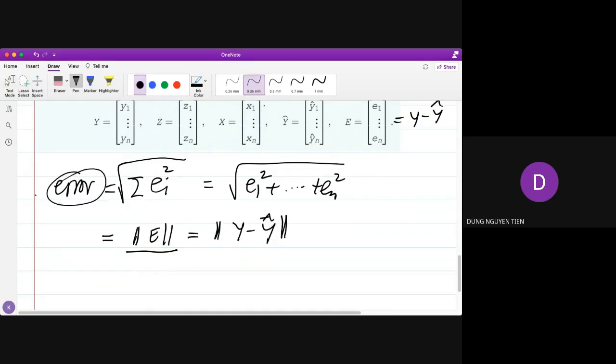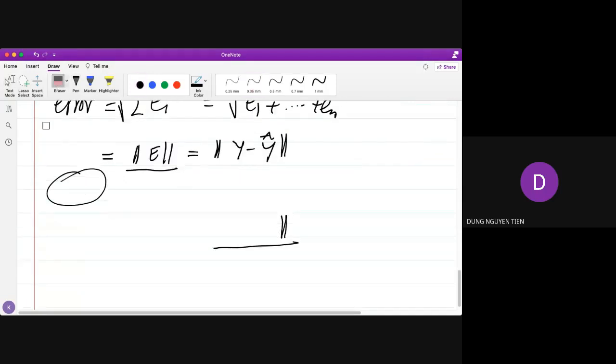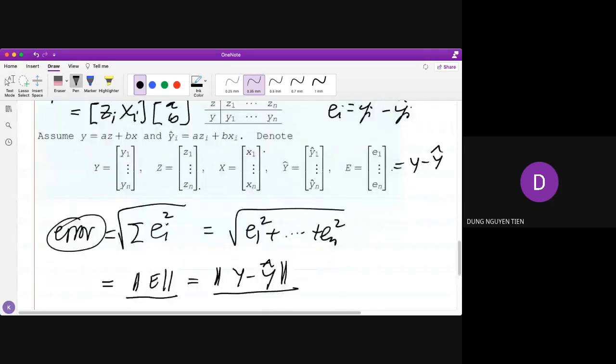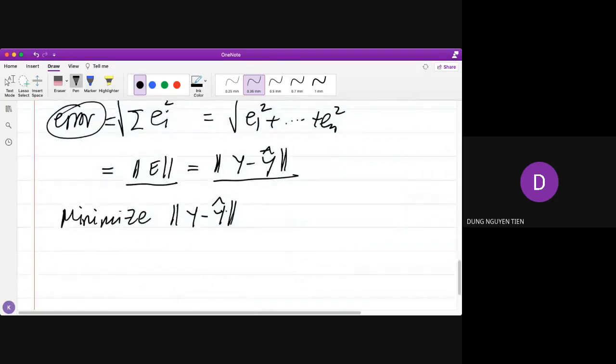If you want to minimize the error, you want to minimize this norm now. So we want to minimize the distance between y and y hat. You want to find the coefficients a and b. It means that you want to find the vector y hat such that this distance is minimized.